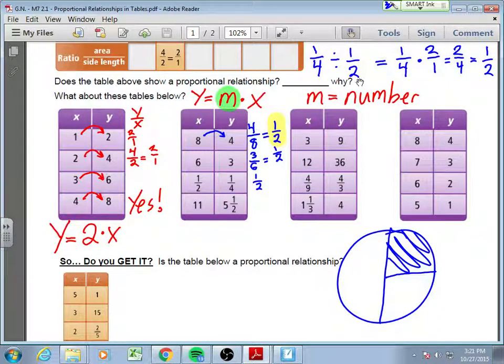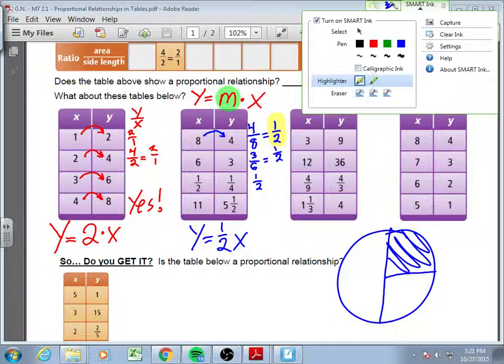And then think about 11 times a half. Because remember, we're hypothesizing right now that y is 1/2 of x. Half of 11 is 5.5. So this table is also proportional because y is just 1/2 of x.